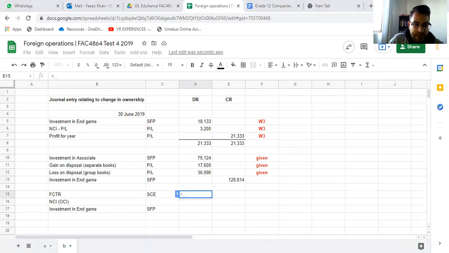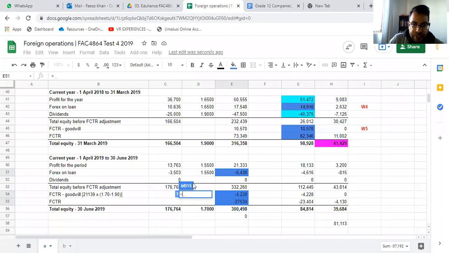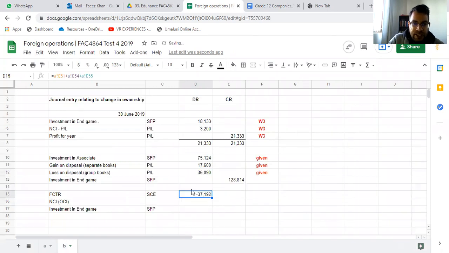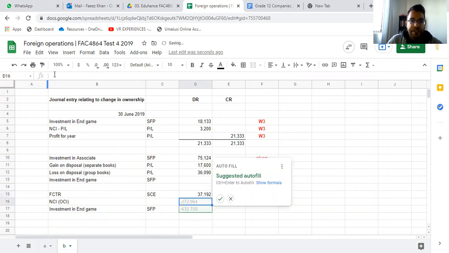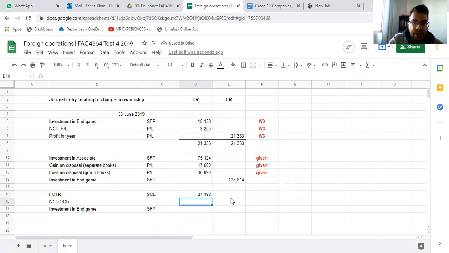It's going to be that plus that plus that. Because it's a loss, it's a debit, but remember journal entries are not negative or positive. Debit or credit represents negative or positive. So it's going to be 37,190. So now we just give what belongs to NCI.